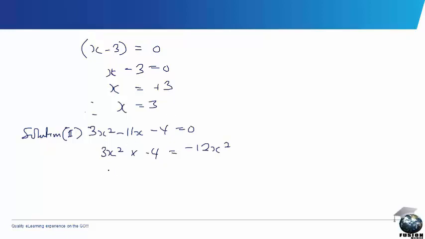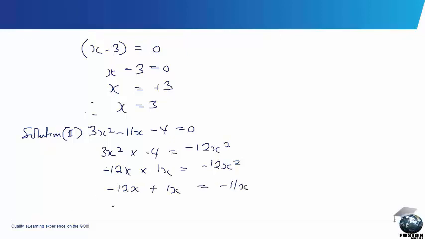And so the two numbers that come to my mind are 12x times 1x. Okay, so I can say minus 12x times 1x to give me minus 12x squared. Okay, and then minus 12x plus 1x to give me equal to minus 11x.